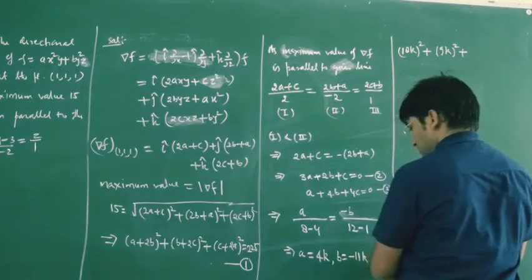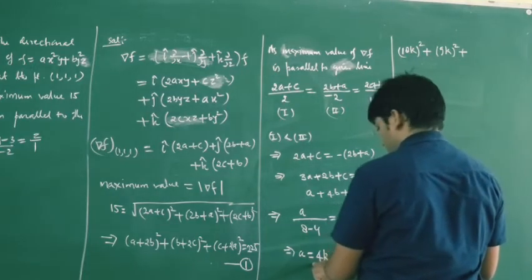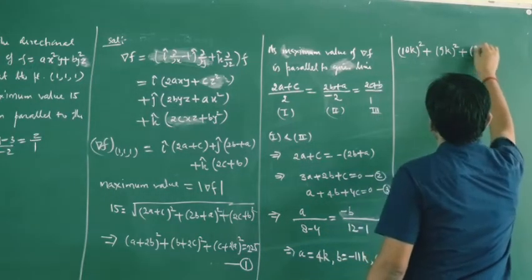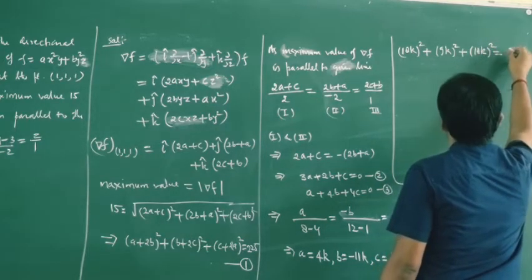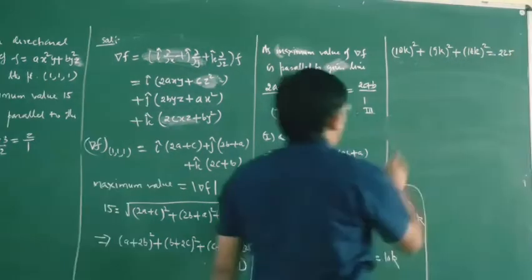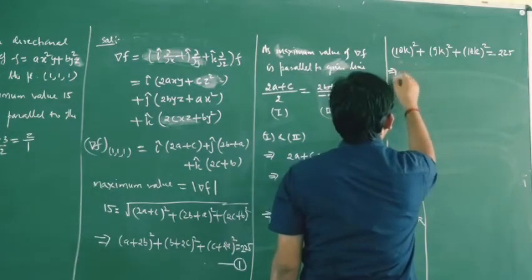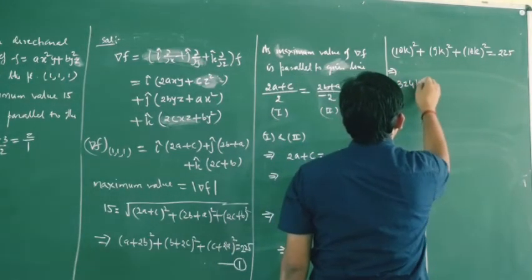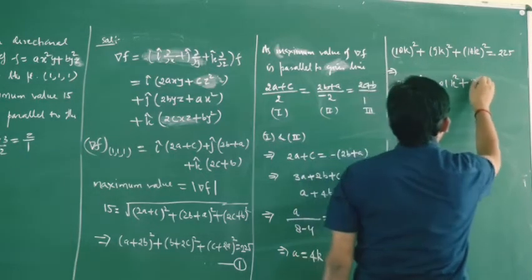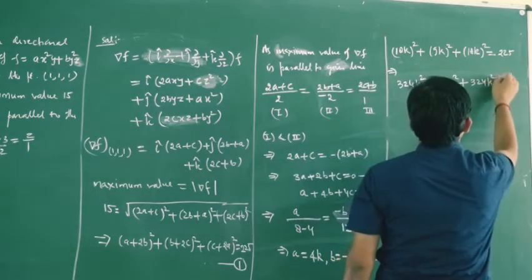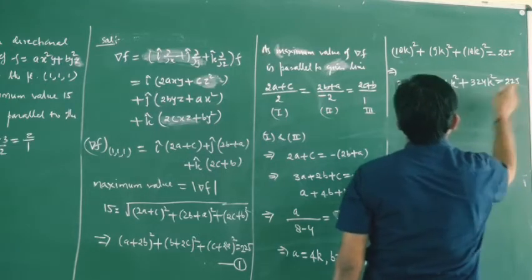So c is 10 plus 2a means 18, so again the third term will be 18k whole square. It is equal to 225.